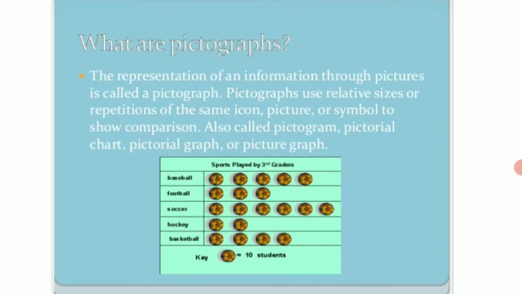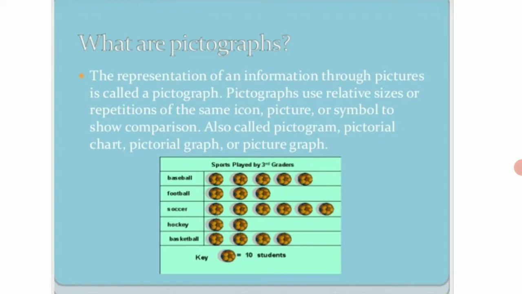Okay. Now, children, we need to know what pictographs are. Pictographs are the data that is given in picture form. The representation of information through pictures is called a pictograph. Pictographs use relative sizes or repetitions of the same icon, picture, or symbol to show the comparison.